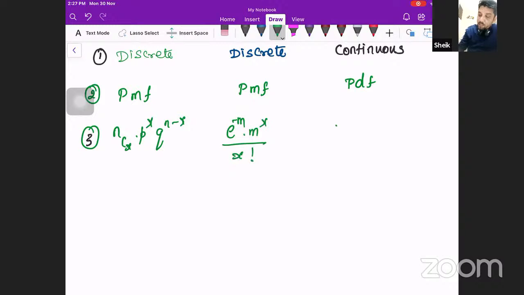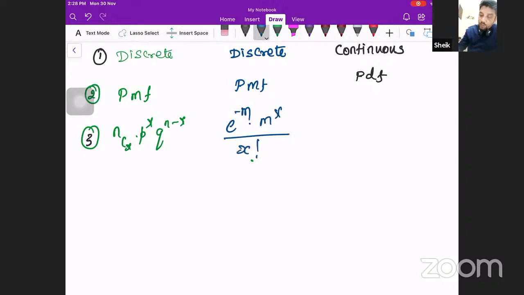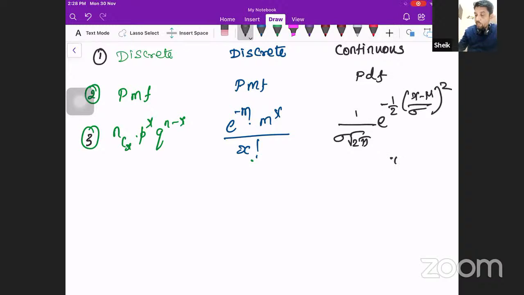And the probability density function of the normal distribution is 1 by sigma root 2 pi times e power minus half into ((x minus mu) divided by sigma) the whole square, where x is between minus infinity and plus infinity.